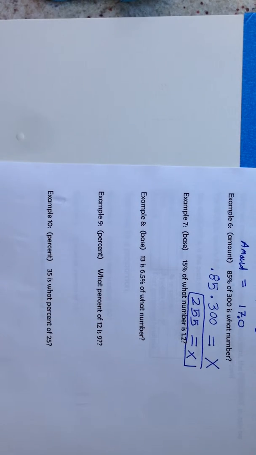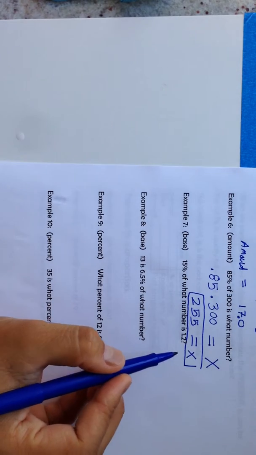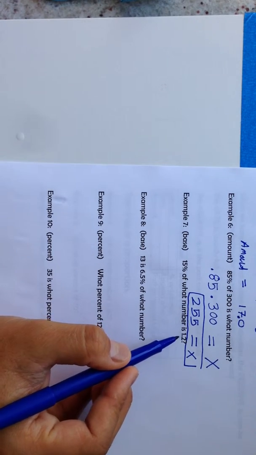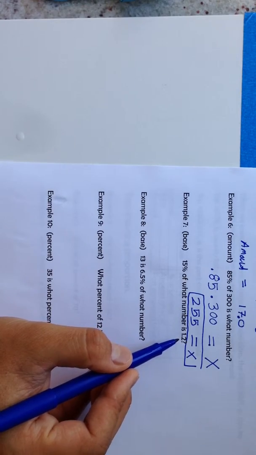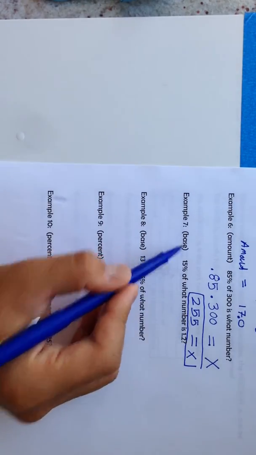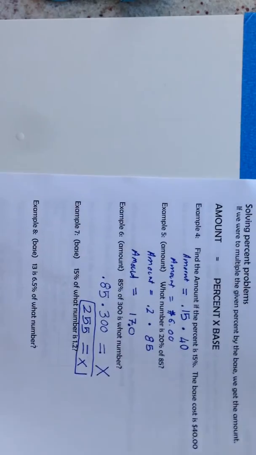All right. Now problems 7 and 8 are a little bit different. Problems 7 and 8 say that if you know the amount, and the amount is usually how much you would have saved, what is the original cost? Because base is the original cost, right?